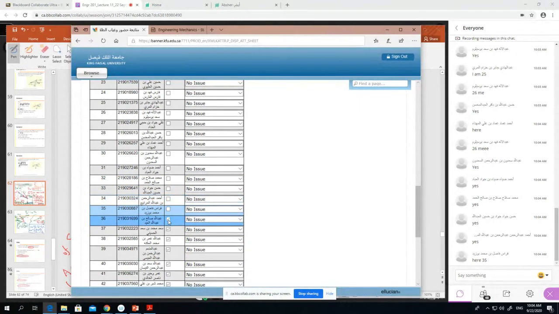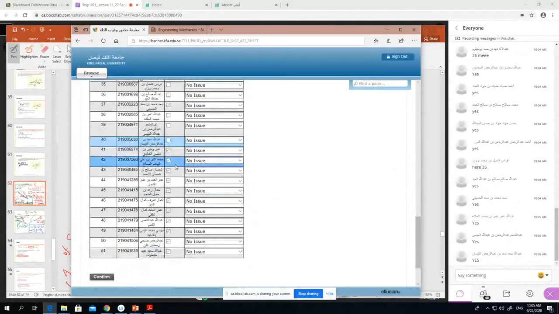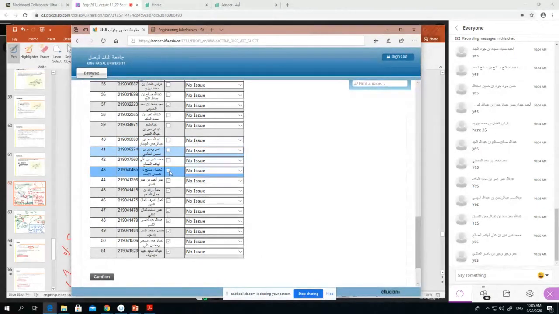Abdullah Saleh. Saad Muhammad, here. Abdullah Umar. Abdul Munaim. Abdurrahman Saad bin Abdurrahman. Muhammad Shabbir ibn Ali. Umar Uhair. Shamsan.